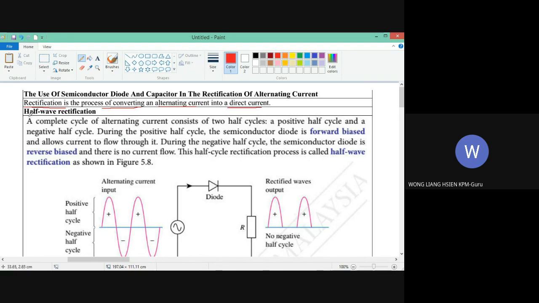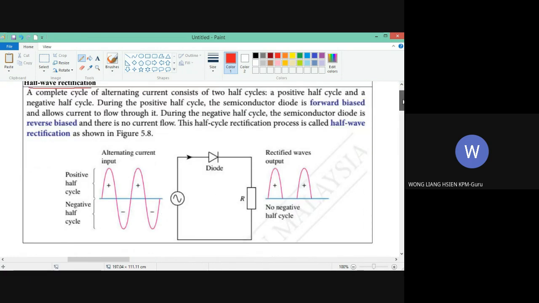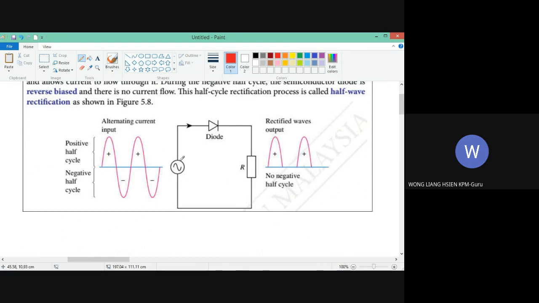So first, let's look at half-wave rectification. Half-wave rectification is like this. You see here, this is the alternating current power source. This is the load. So this is the alternating current input right now. This is one direction, and then the opposite direction, positive direction, negative direction.